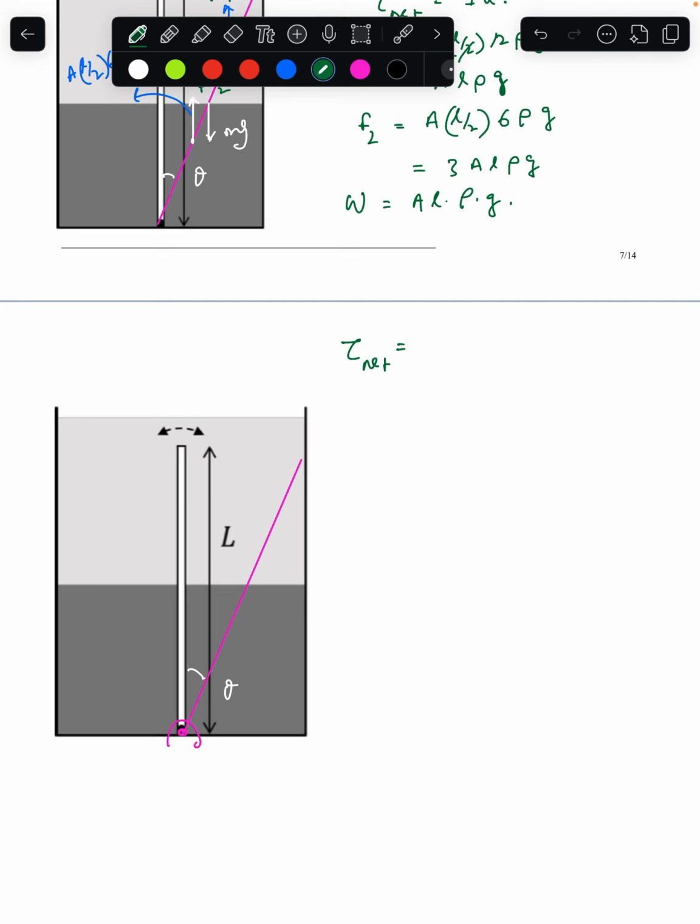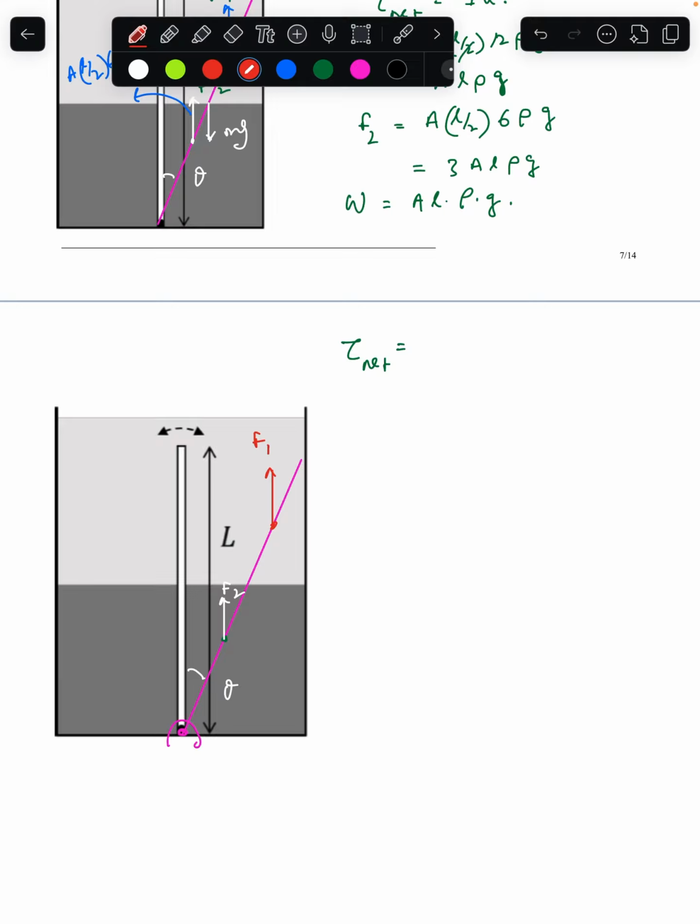Please check carefully. Here F2 is acting, so this force is F2 over here, and over here the force is F1.